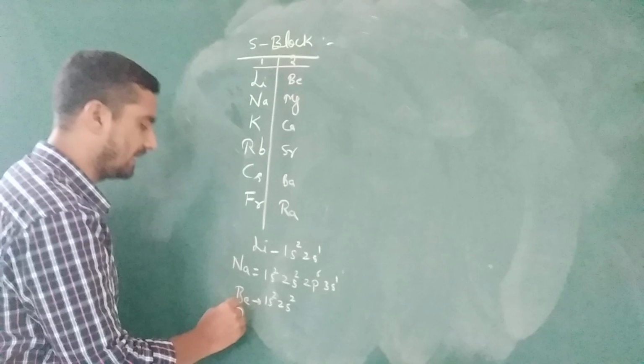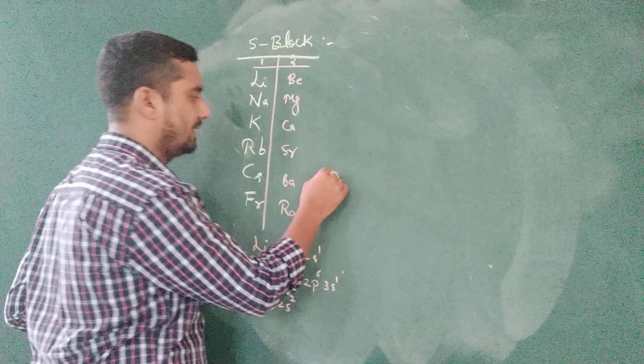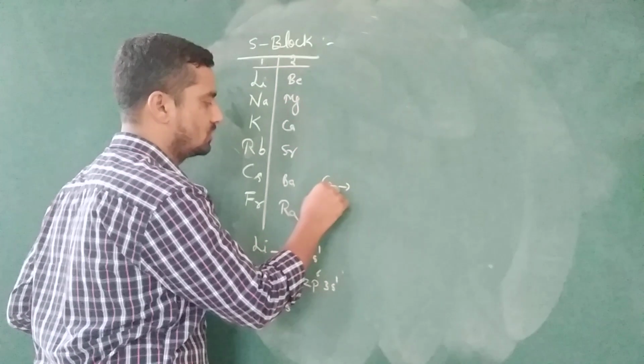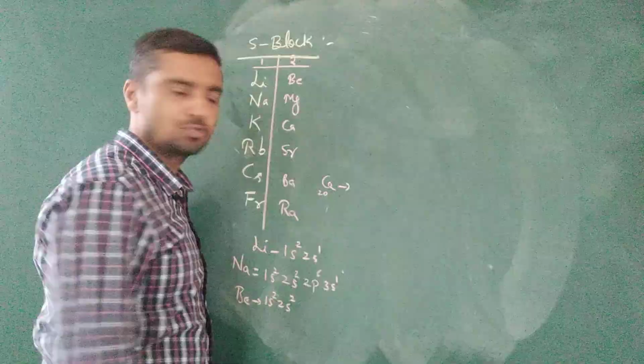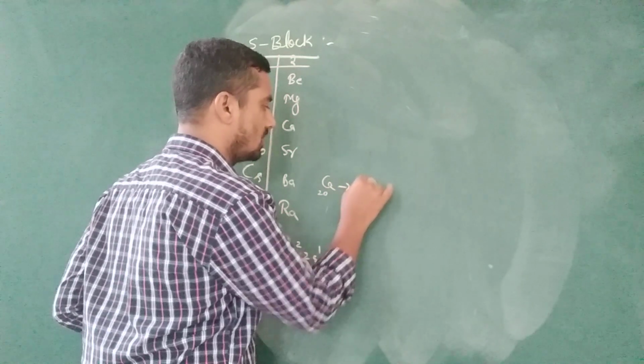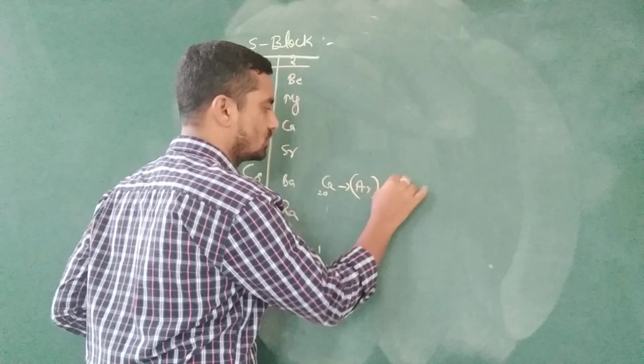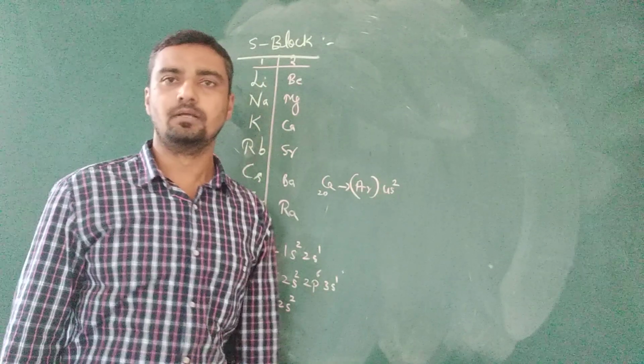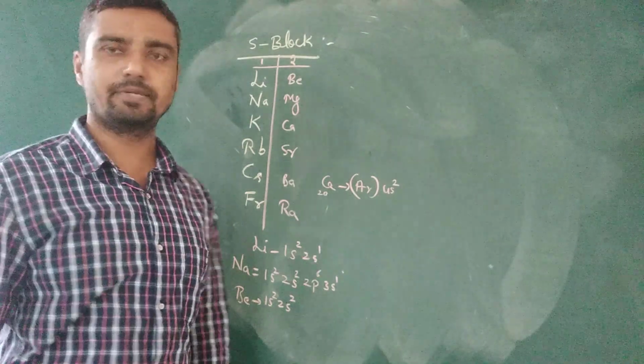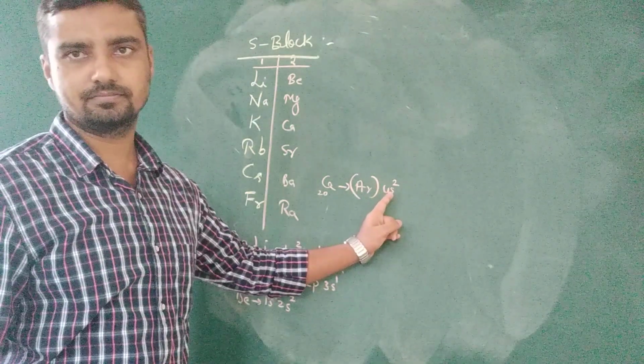For calcium, the atomic number is 20, so the configuration is argon 4s2. Again, the differentiating electron enters the S subshell.